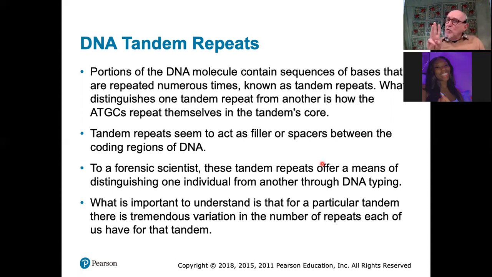So now we've got 2 sites. We've got a 5 and 20, and we've got another one on another chromosome, it's 4 and 8. Now let's go out into the population. And we'll find out, first of all, how many people have that second combination, like 4 and 8. We can say, okay, that's this percentage of the population. What percentage of the population have them both? What are the chances that you would inherit both in the same?